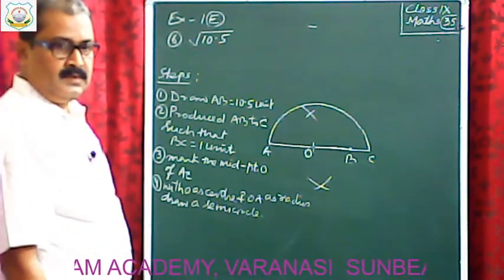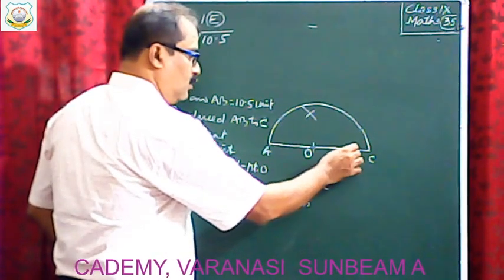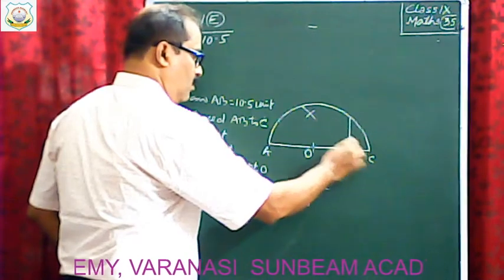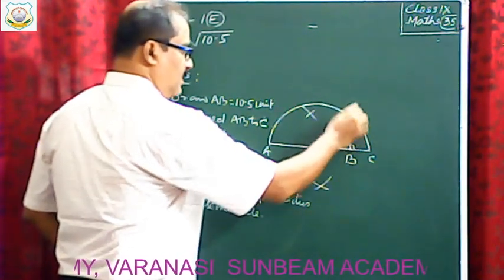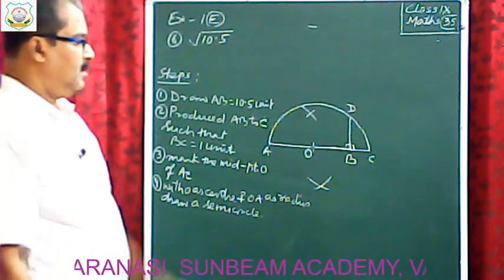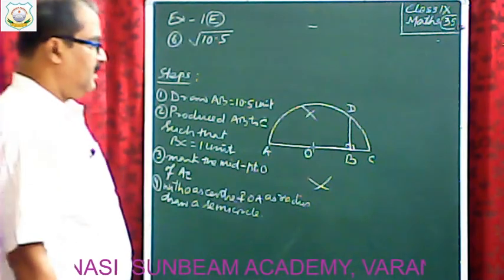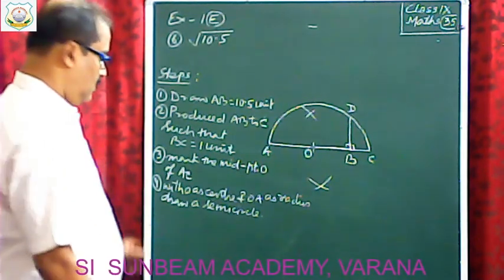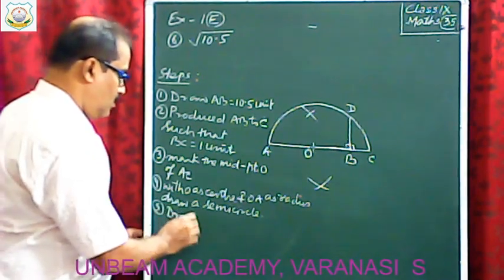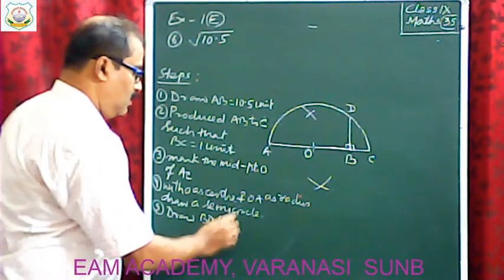Thereafter, you have to draw a perpendicular through the point B, intersecting the semicircle at D. Step 5: Draw BD perpendicular to AC.